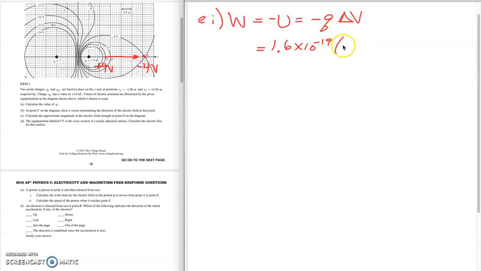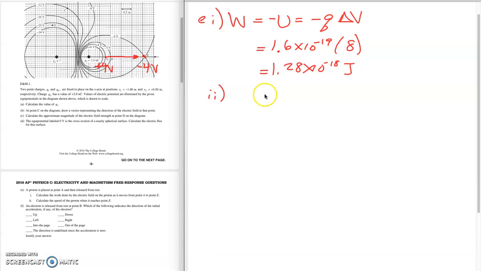And the change in voltage is going to be 8 volts because we're going from a plus 4 to a minus 4. And the fact that it's going downhill means this is a minus 8, but we have a minus here also. And those two minuses cancel each other out. And when you plug those two numbers into your calculator, you get 1.28 times 10 to the minus 18th joules.